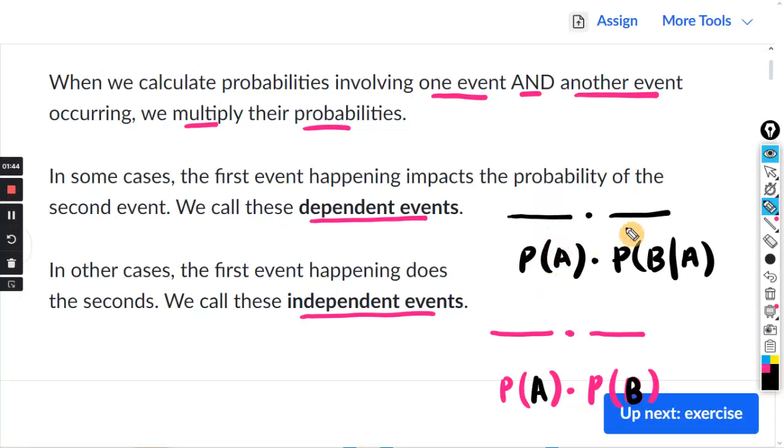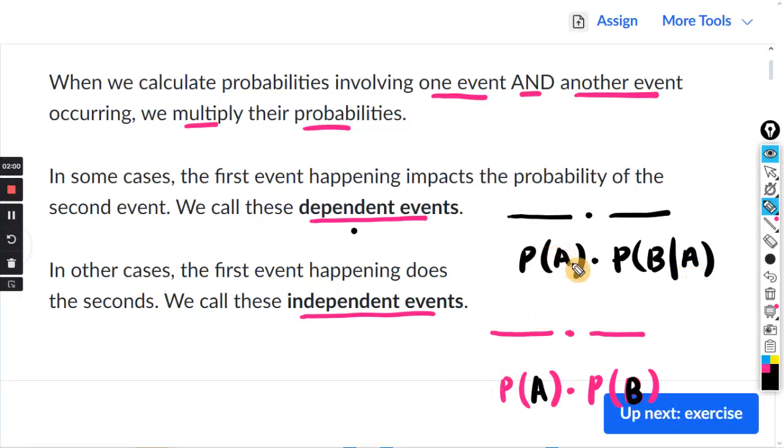So it's really almost the same formula. It's just that in the dependent case, you have to adjust the second fraction for the probability of B, given that event A already occurred.